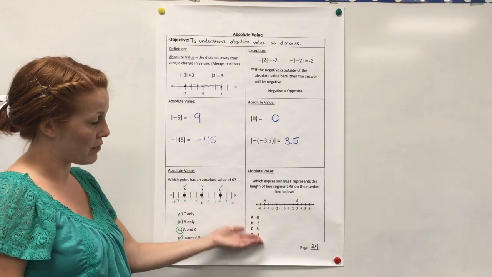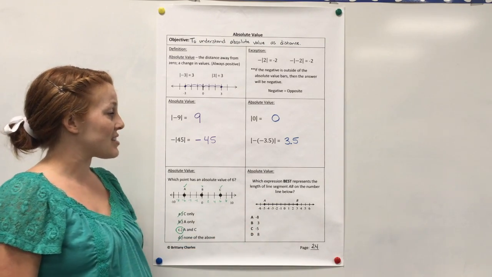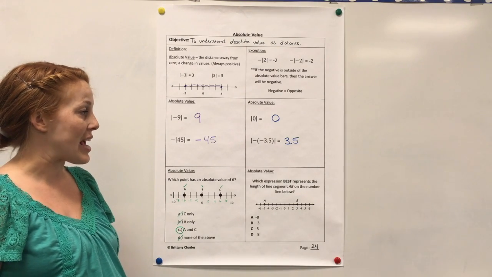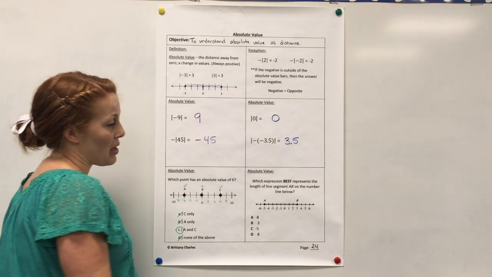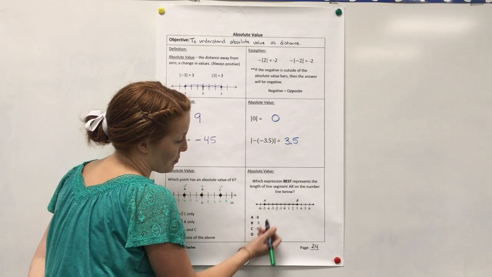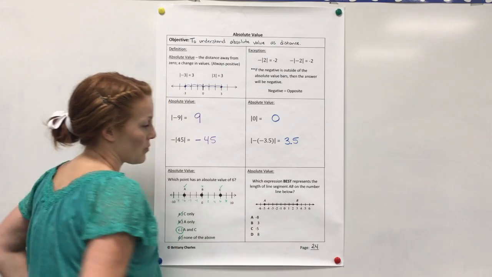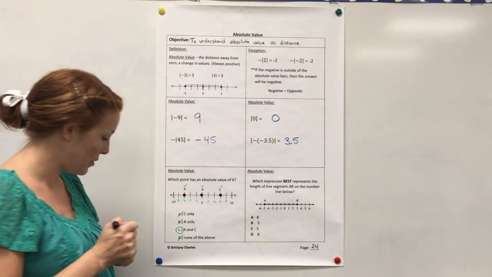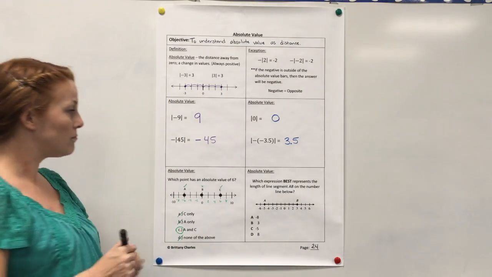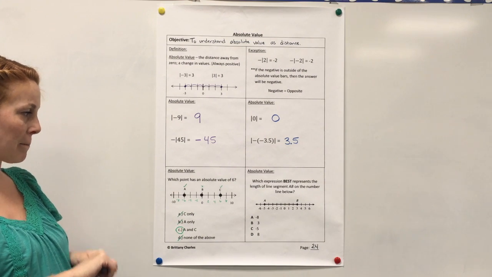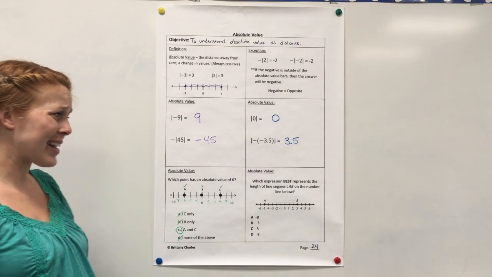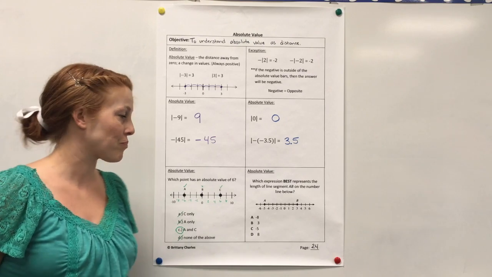Which expression or value best represents the length of line segment AB on the number line below? In other words, which one of these best represents the length of AB? Go ahead and try that for yourself. Okay, well, I can actually use absolute value to help me.